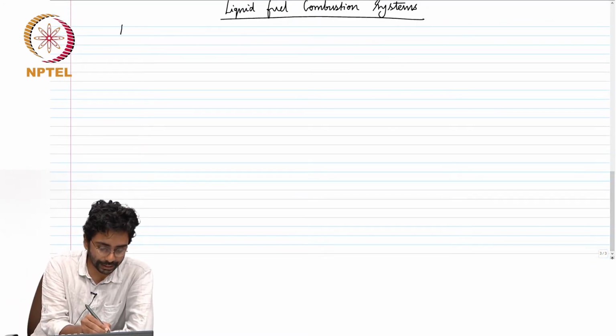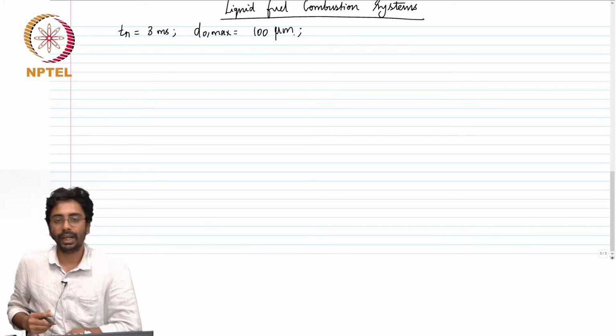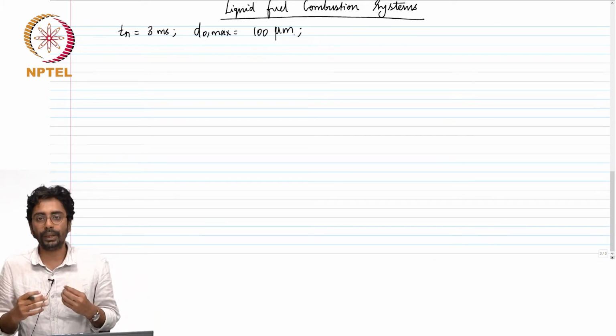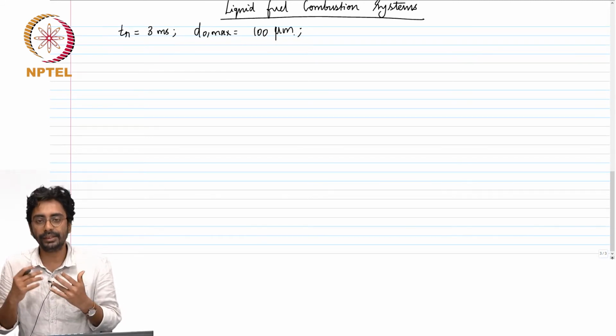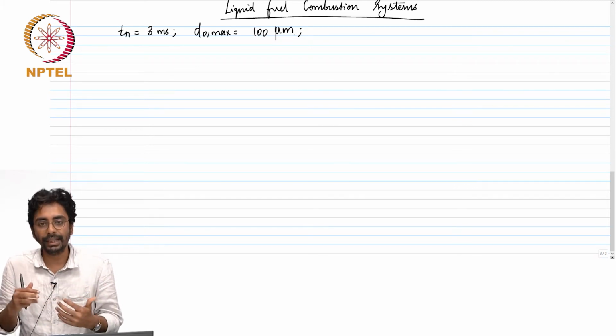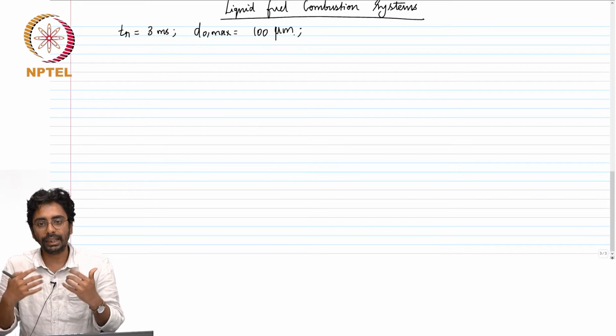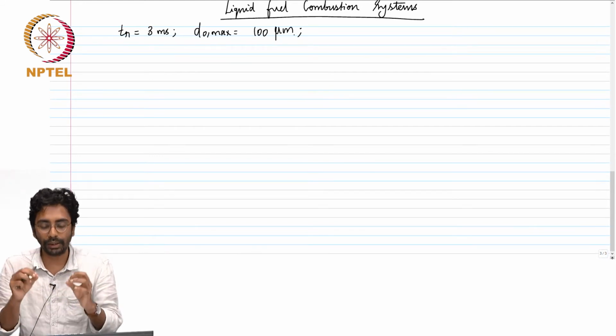So, taking the residence time TR as 3 milliseconds, D0 max is 100 micron. And this is the reason why you have sprays and why you need spraying or atomization, and why you need injectors that can convert liquid fuel or jets or sheets of liquid fuels into small droplets.